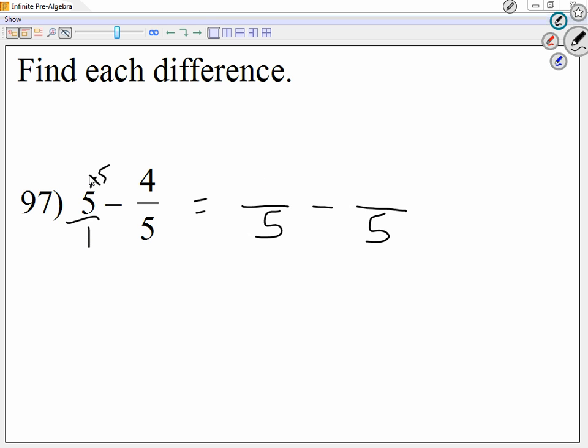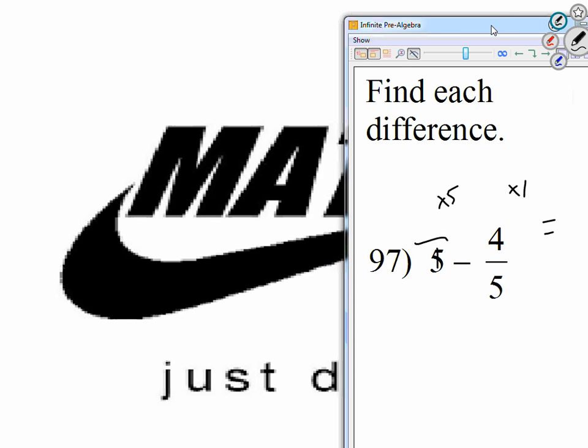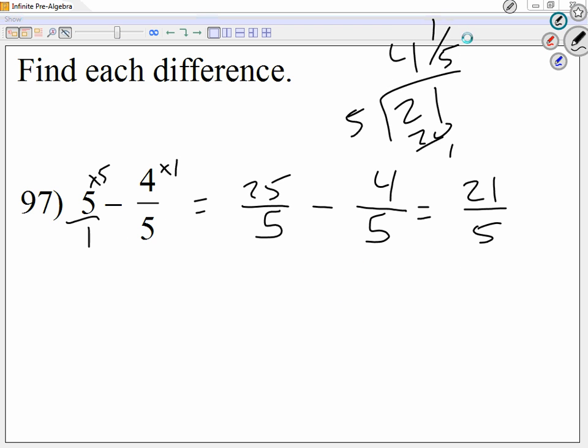So multiply the top by 5. On the second one, how many times does 5 go into 5? 1. So multiply the top by 1. So I should get 21 over 5. Right, 25 minus 4 gave me 21. We have a big number on top, so we do have to divide. You said 4 and 1/5.